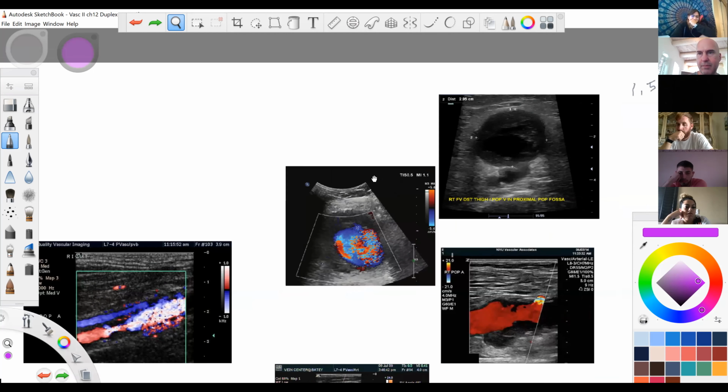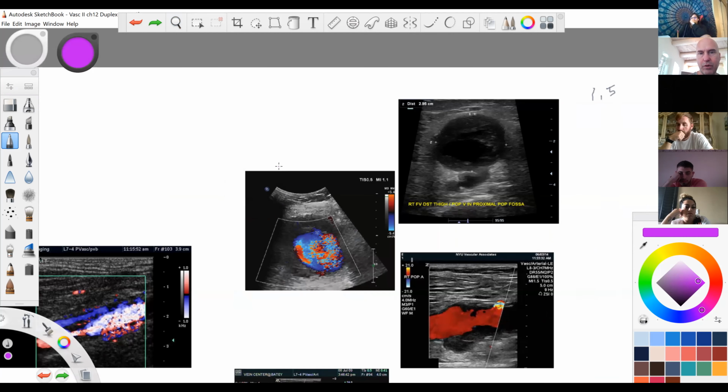Let's just kind of start up high here. 1.5. I drew that rather messily because I was trying to remind myself that sometimes an aneurysm, like in the case of the aorta, is defined by its size.